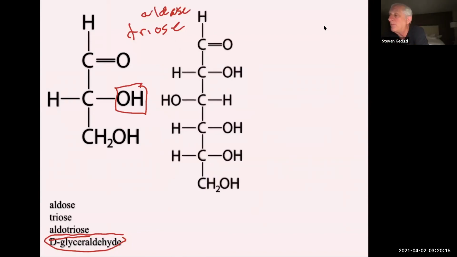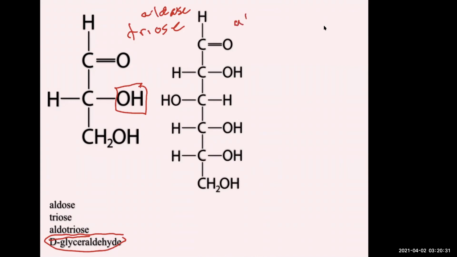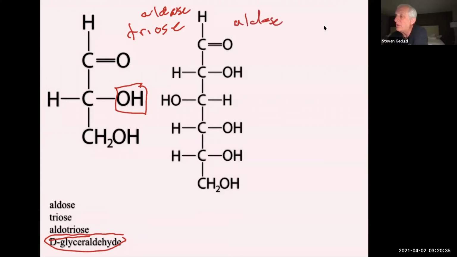Okay, look at the next one. Is it an aldose or a ketose? Who wants to guess? It's an aldose, perfect. It's an aldehyde there. And it has 1, 2, 3, 4, 5, 6 carbons, so it's a hexose.